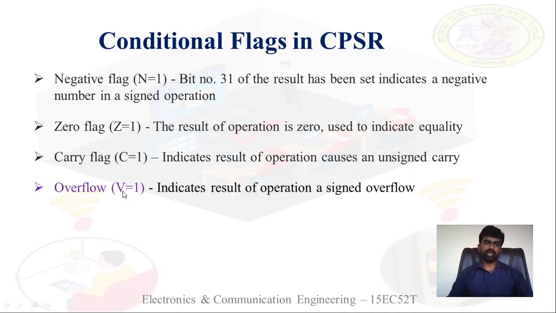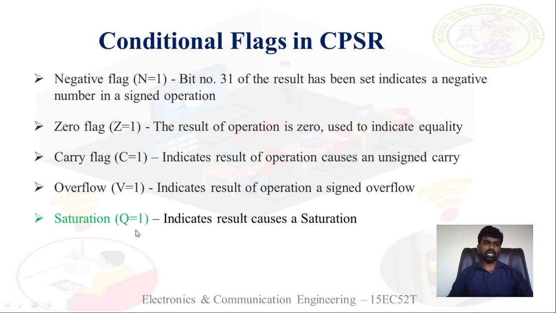When this bit V is equal to 1, the generated result is a signed overflow. Similarly, there is the saturation flag. When Q is equal to 1, that indicates the result causes a saturation.